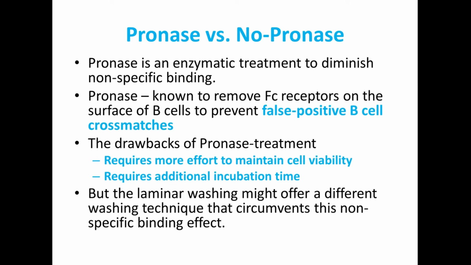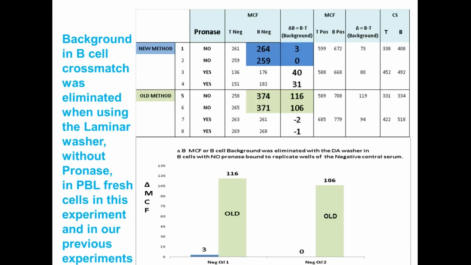When we tested the negative and positive control serums against donor cells that were either treated or not treated with Pronase, we found interesting results for the B cell crossmatches. Background that was commonly seen in B cell crossmatches was now eliminated using the laminar wash system because the difference between the T and B cell NCF, also known as the delta B, in the negative control crossmatch was significantly lower, almost zero, when using the laminar wash system.